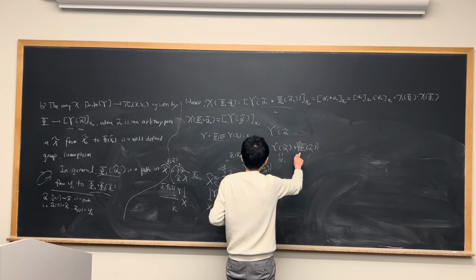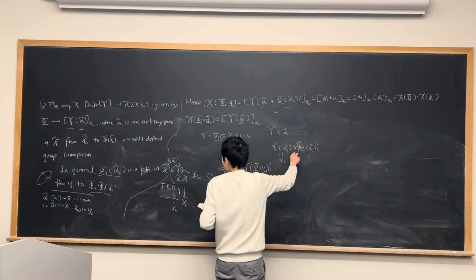And then phi 1 of alpha 2 is equal to what?